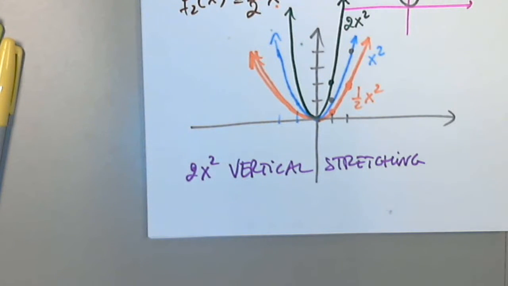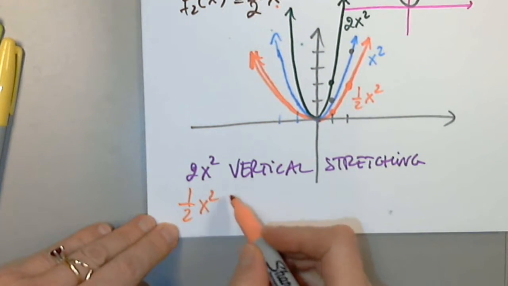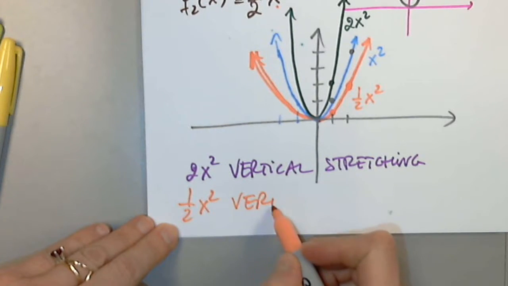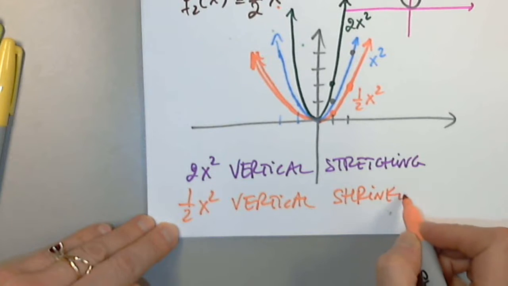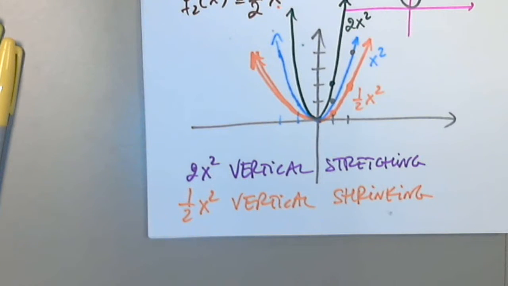So what do we call that? A vertical shrinking of the graph, shrinking by a factor of 1/2. It's also horizontal stretching. True. So 1/2 x squared is vertical shrinking. Vertical shrinking of the graph.